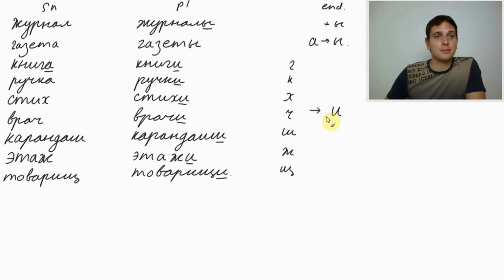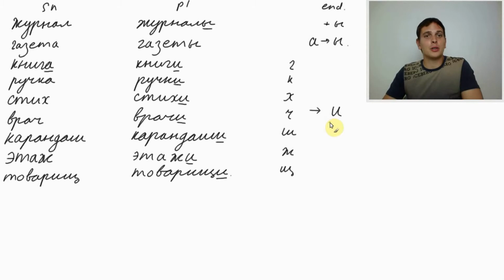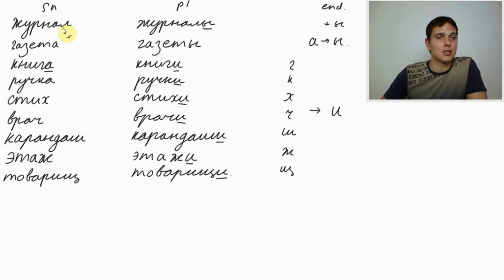Well, this is basically what will create ease for us. This is a small shortcut to understand where to put И for plural. Because, for example, we've got журнал. Журнал ends in a consonant. And we learned if a word ends in a consonant, we need to add Ы.